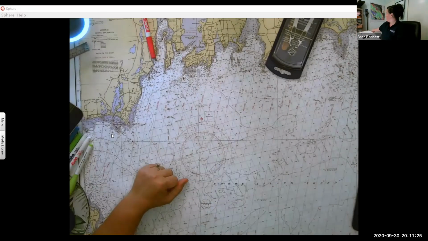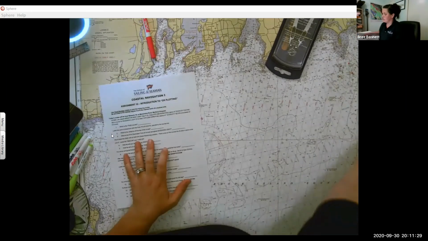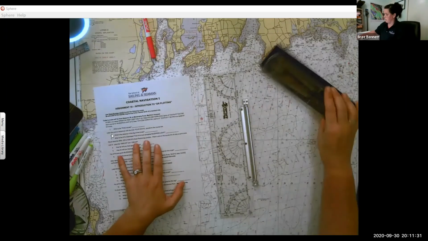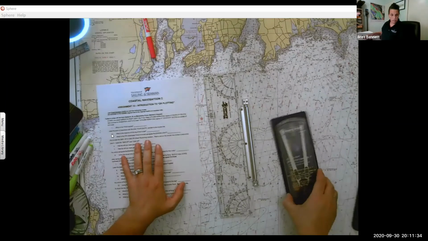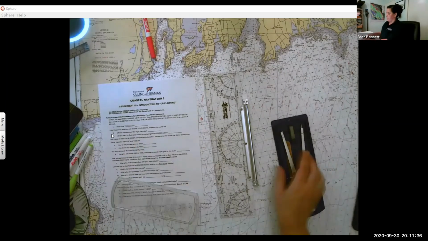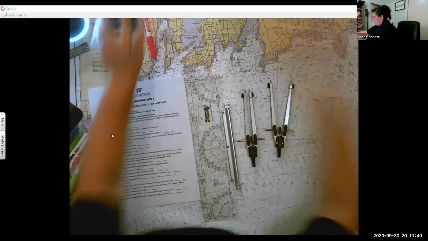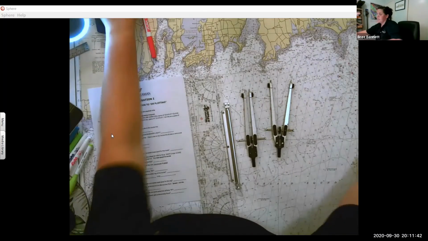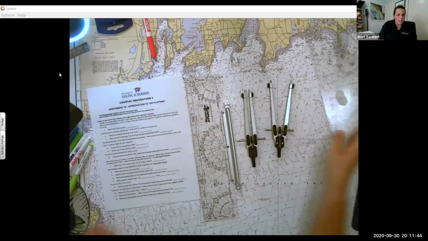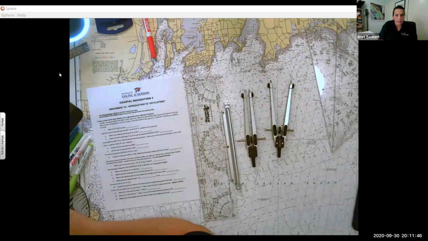We have assignment number 10 and our plotting tool. So you can use your dividers or a compass, triangles, parallel rulers. Just curious here so I can do a better job of demonstrating.